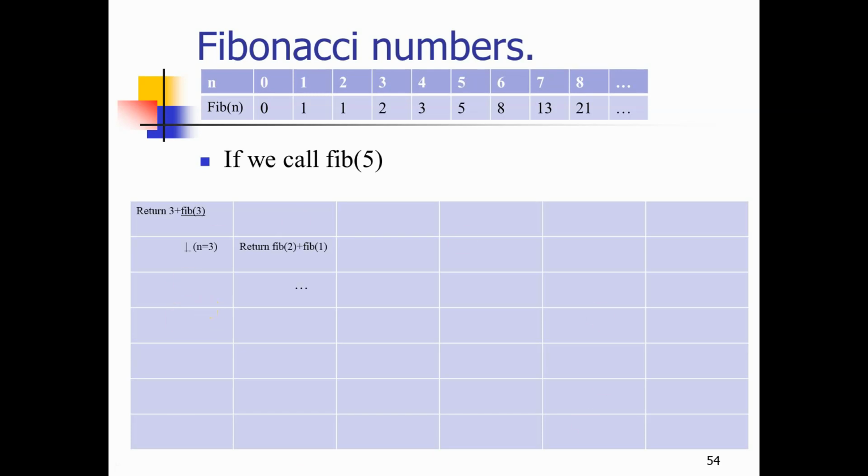So you may notice that there's actually a lot of redundant work that has to be done, because Fibonacci of 3 is already calculated when we were doing Fibonacci of 4. But this program does not remember those values and keeps recalculating and recalculating.